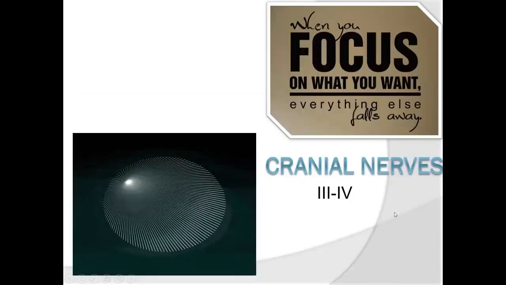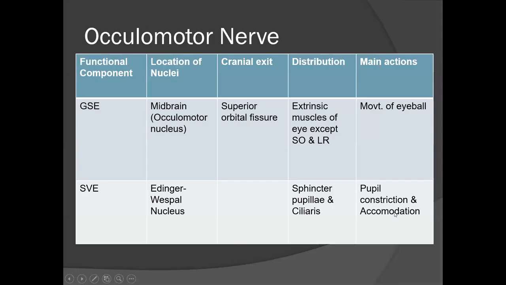Now coming to the next cranial nerve, that is 3, oculomotor. As the name suggests, it is a purely motor nerve, and it has two functional components. One is the general somatic efferent, another is the special visceral efferent. There are muscles controlling the extrinsic movements of the eyeball, the extraocular muscles, and many of these are supplied by the oculomotor nerve.